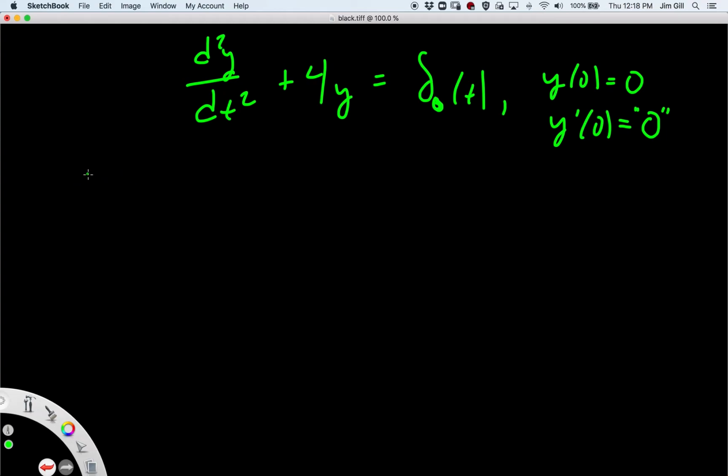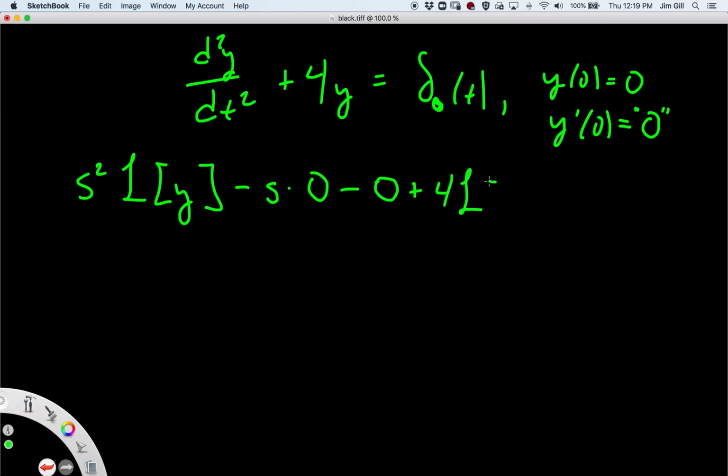On the left hand side we have s squared, Laplace transform of y, minus s times y at 0, minus y prime at 0, plus 4 times the Laplace transform of y, equals the Laplace transform of delta 0, which is e to the minus s times 0.